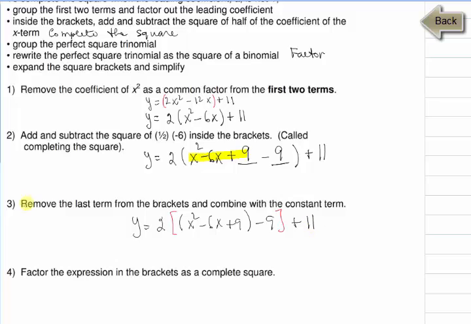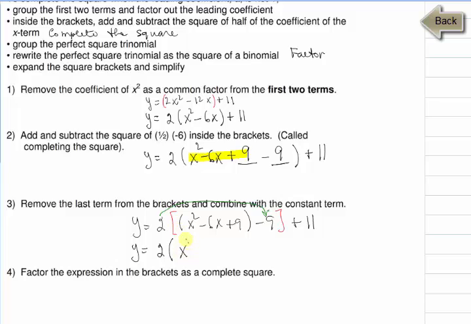What they mean by removing the last term from the brackets and combining with the constant is we are going to multiply the 2 times the last term in the bracket, which is negative 9, and combine that with the constant, which is on the outside of the bracket. What that does is it gives us this. We go 2, we can change our square bracket to a round bracket now.